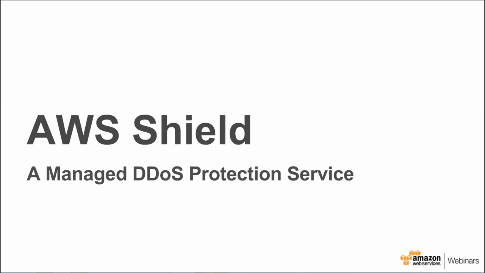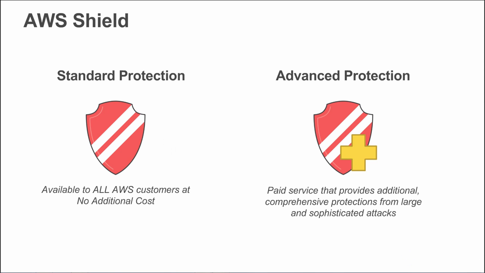And that's why we launched AWS Shield. AWS Shield is a managed DDoS protection service. And it comes in two flavors. The standard protection, as you all know, is available to all AWS customers at no additional cost. It is built into AWS services, and you get that just by using AWS.